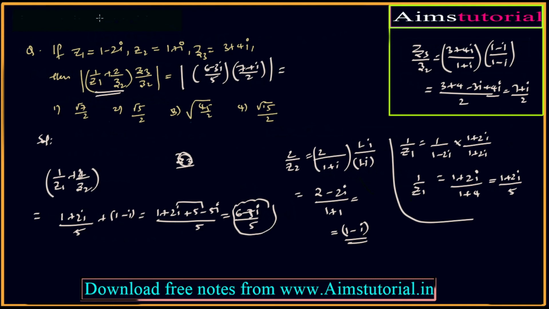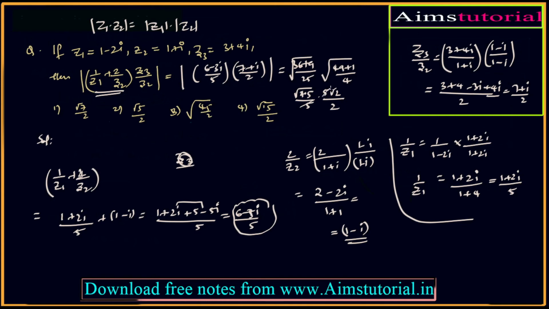We have to find the modulus, using the property mod z1 into z2 equals mod z1 into mod z2, finding the modulus of each separately. 36 plus 9 divided by 25, into 49 plus 1 divided by 4. So this becomes root 45 by 5 into root 50 by 2; root 50 is 5 root 2, so the 5 gets cancelled and root 2 by 2 remains. So the answer is root 45 by 2.